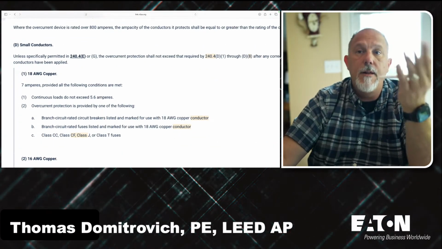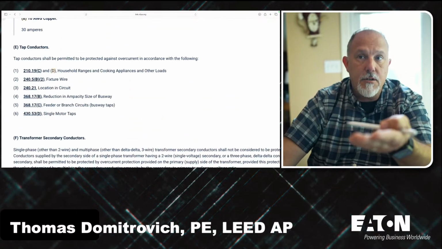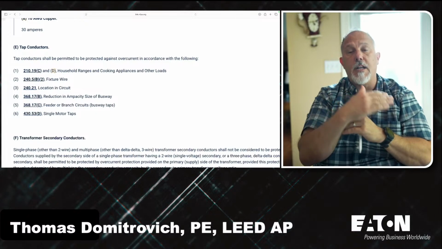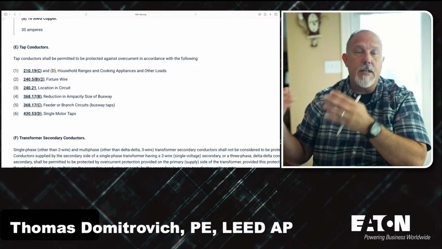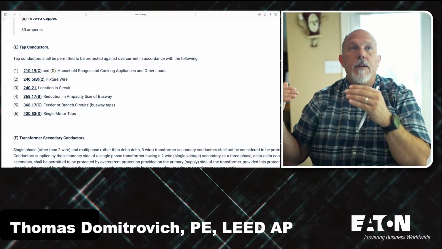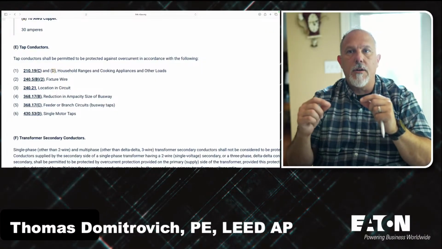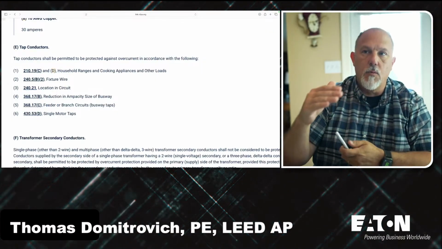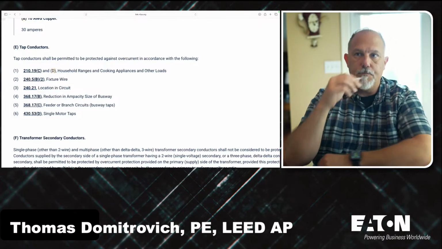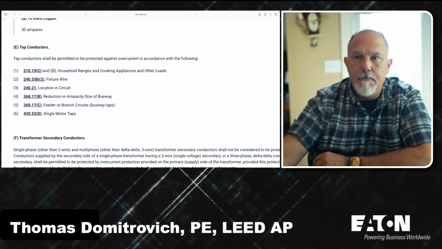Small conductors, this is all about protecting the conductor. You have tap conductors. Remember, this is when you don't have overcurrent protection at the source of a tap. The conductor that is doing the tap of the feeder is going to be smaller, and there's no overcurrent protection. So we have specific rules for a tap conductor. We have fixture wires, etc.